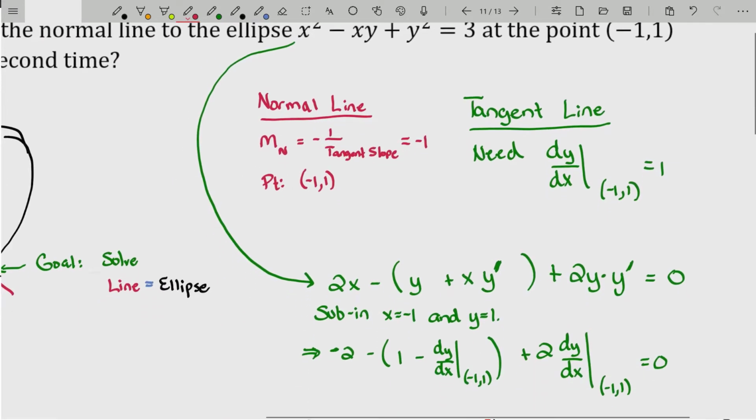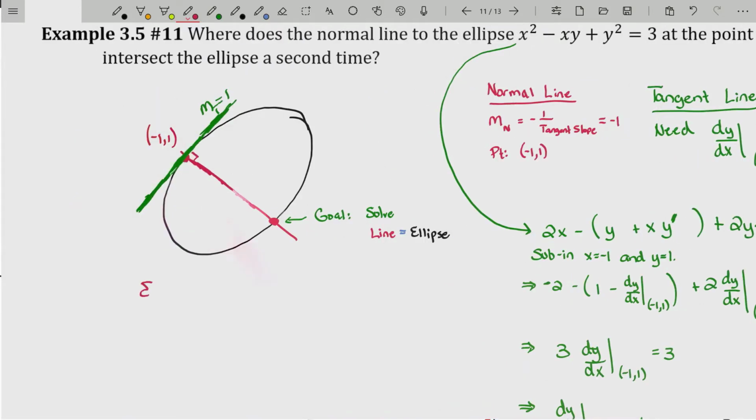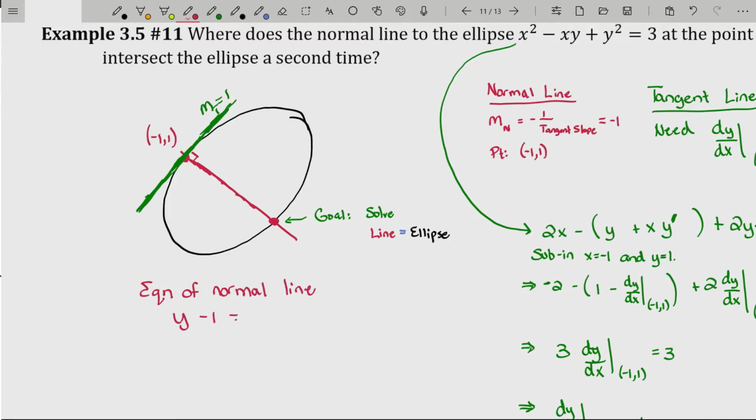And now I can find the equation of the normal line. So the equation of the normal line is going to be y minus 1 is equal to -1 times (x plus 1). Or in other words, y is equal to -x. That's it.